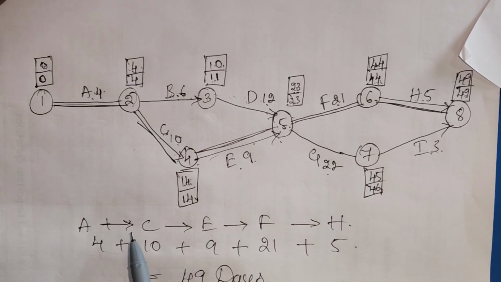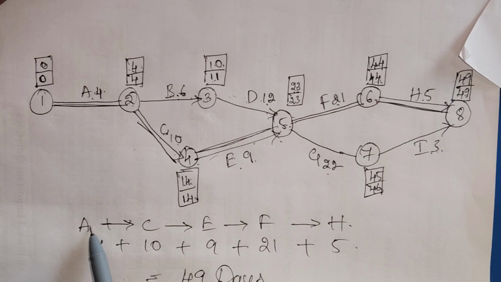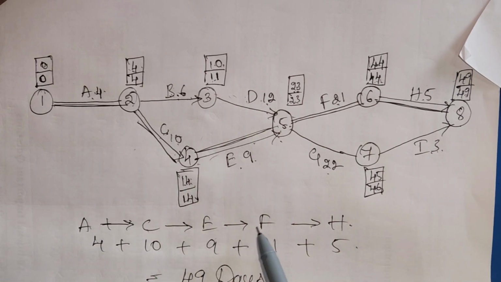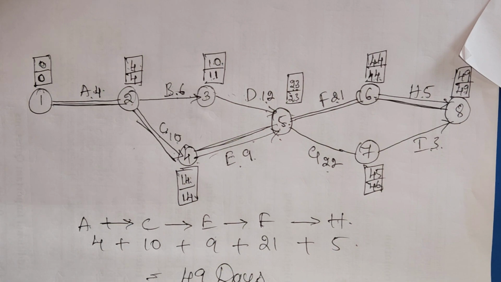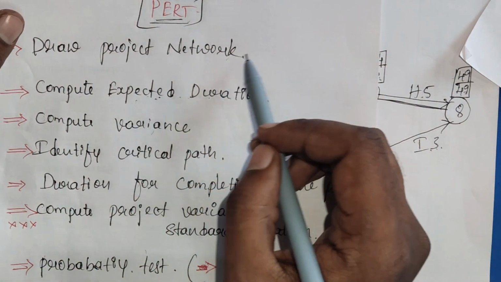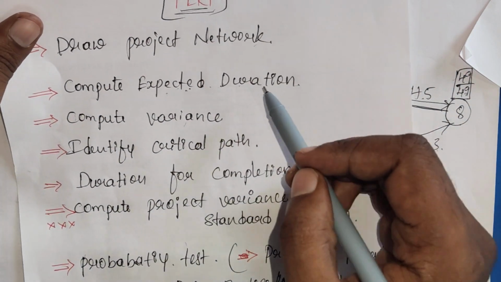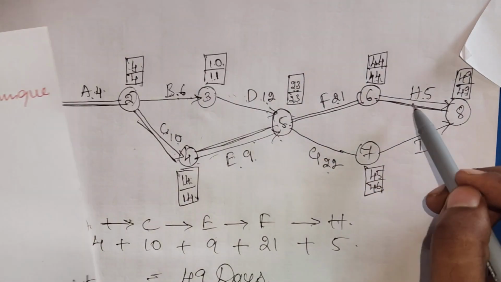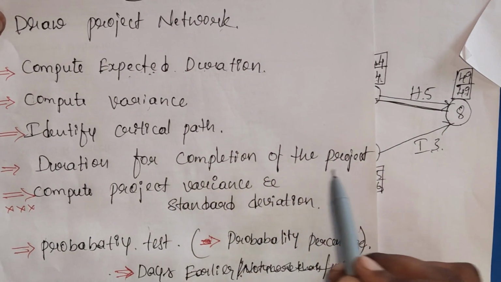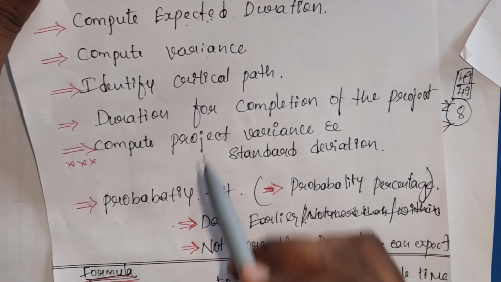The actual duration runs from A to C, C to E, E to F, F to H, and overall the project takes 49 days. Clear? So we are done: drawing the project network, expected duration, calculating the variance, identifying the critical path, and the duration for completion of the project. It's 49 days.